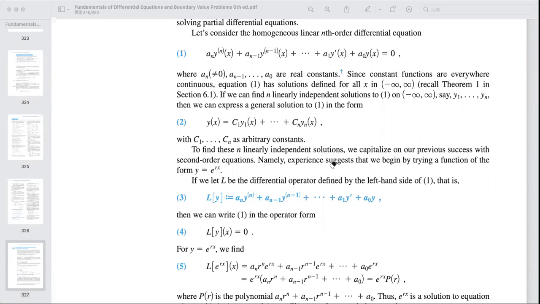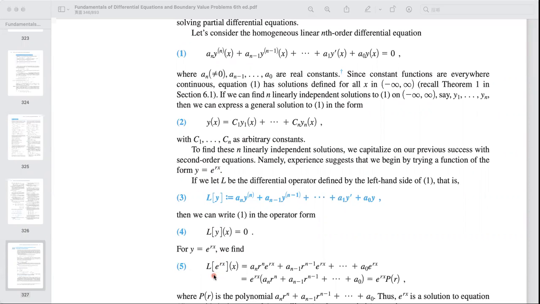Okay, so next. If we substitute the solution, we assume the solution to be y equal to e to the rx.